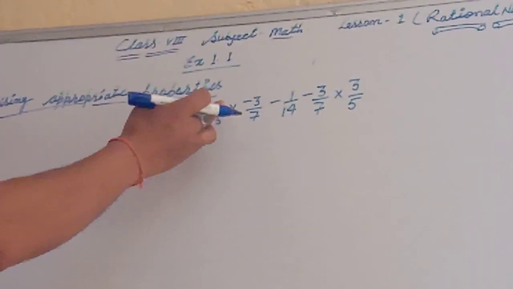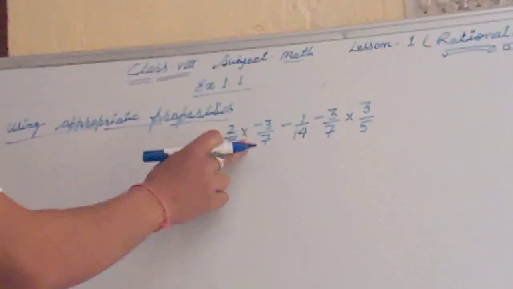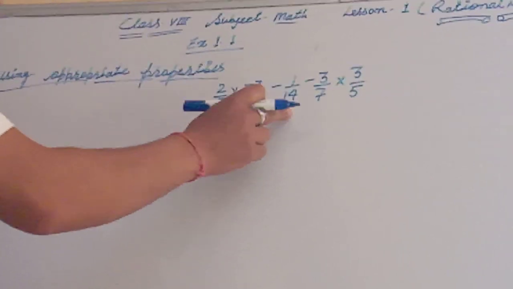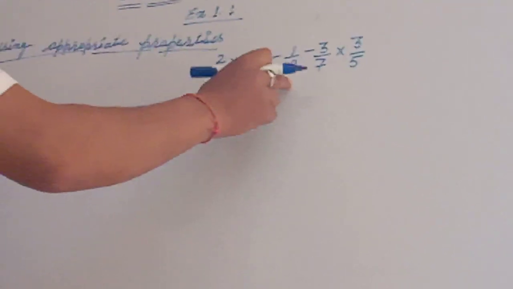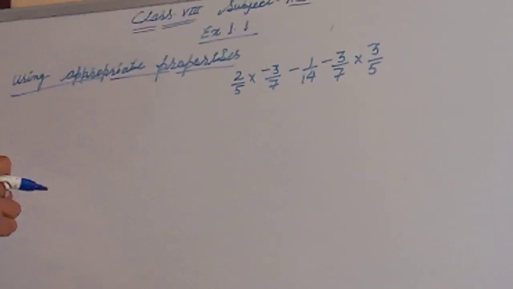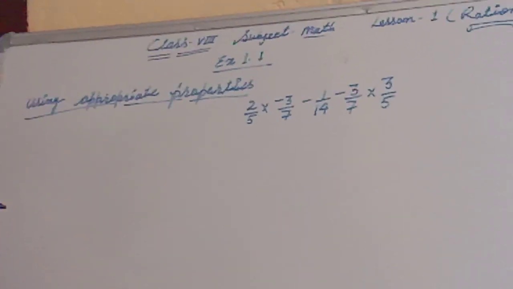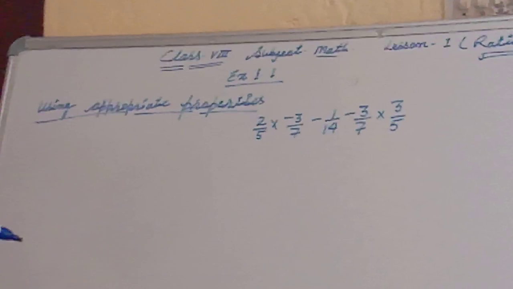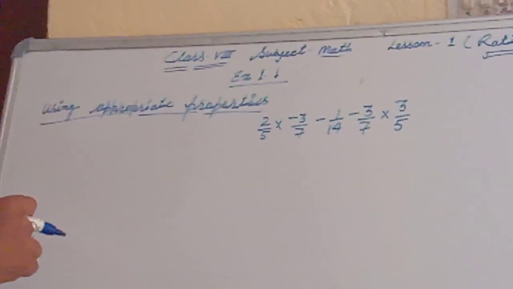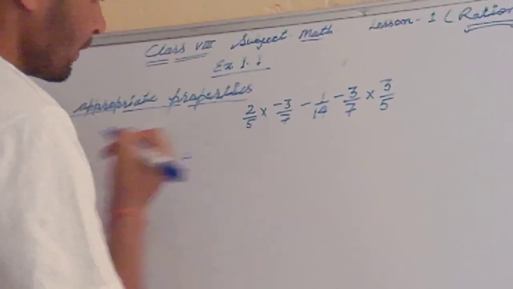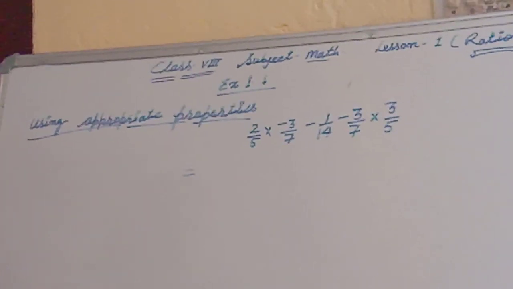Given here: 2 upon 5 into minus 3 upon 7, minus 1 upon 6, minus 3 upon 7 into 3 upon 5. Then we are using the appropriate property and finding the value. Then how can we solve? First of all, write it down in the proper way.